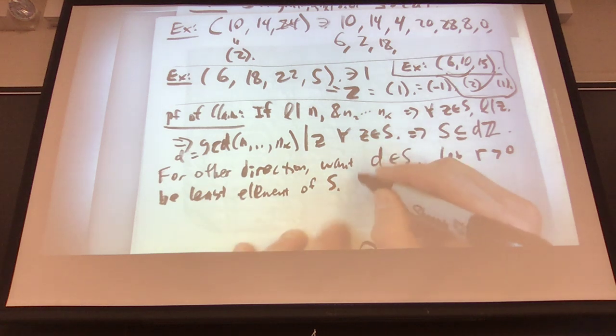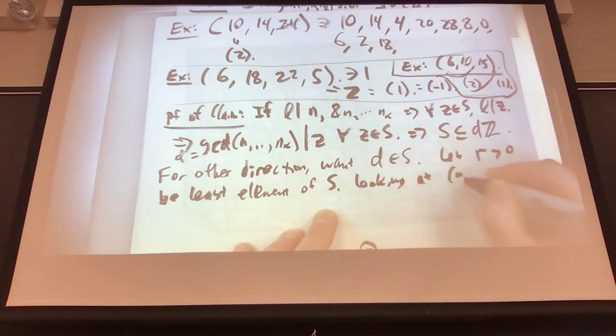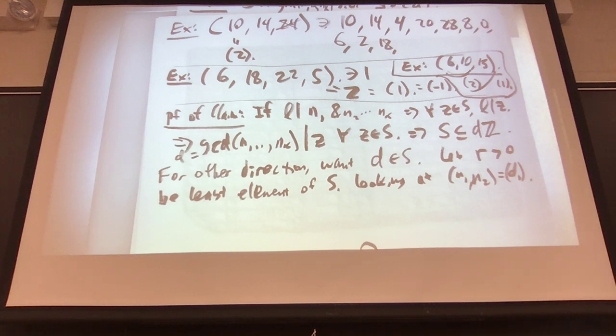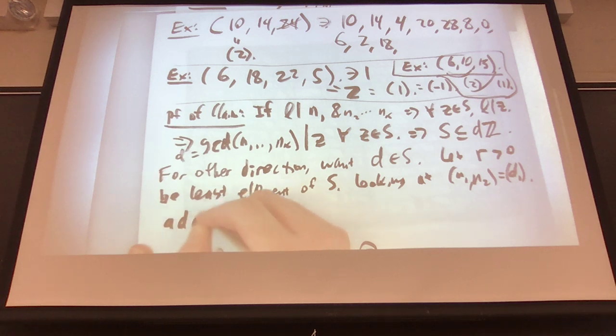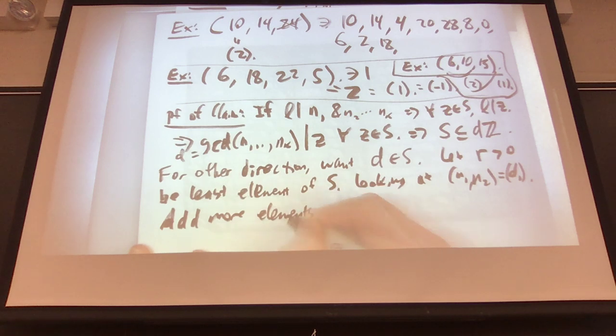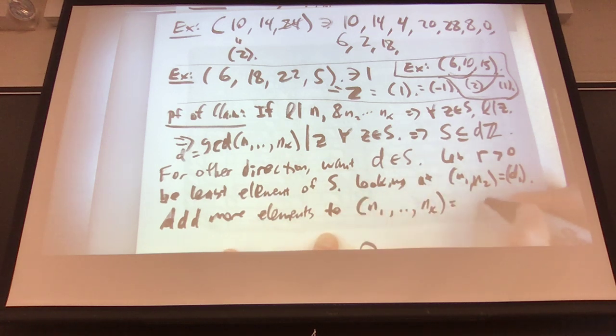Looking at n1 and n2, the ideal generated by just these two gives you some d1 by exactly this division argument, and then iterate and add more elements to the full ideal, which will then be the full GCD.